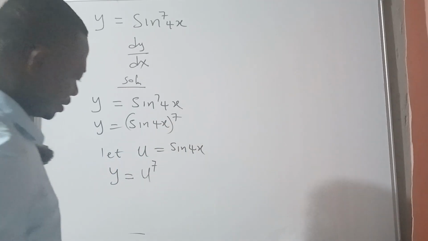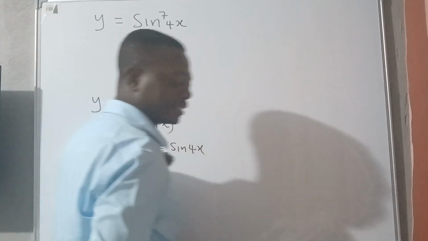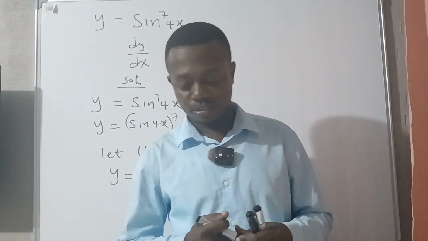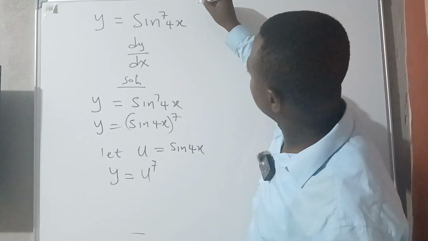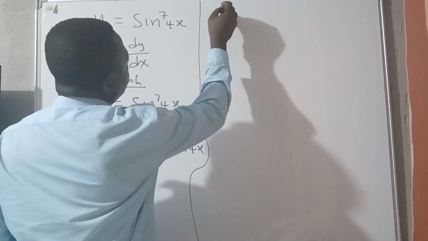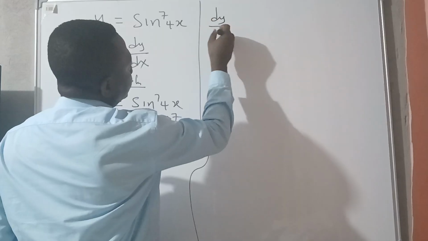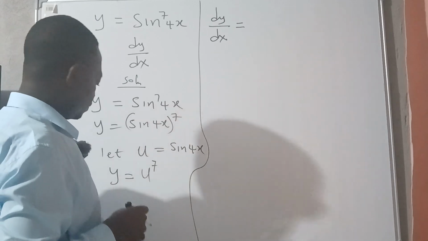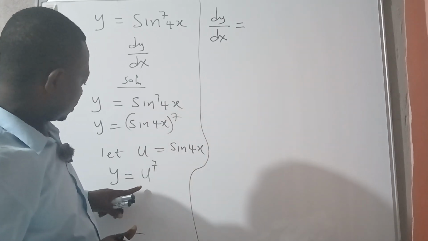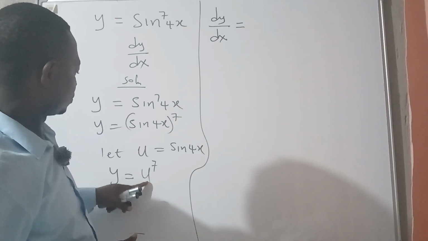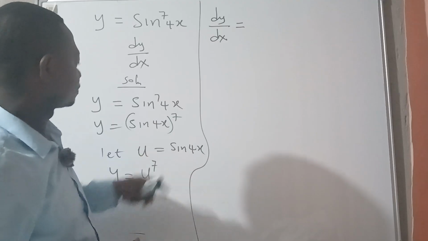We'll go by the chain rule approach. How do we write the formula? We have dy/dx. Remember, we will differentiate y with respect to u, and also differentiate u with respect to x.